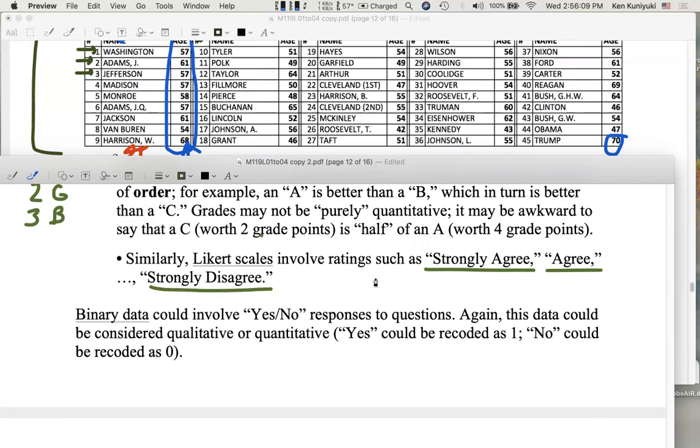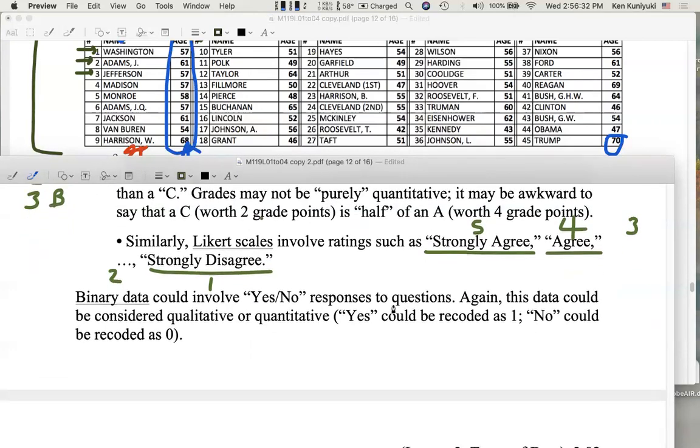So these might be 5-point scales, for example, where a strongly agree might be a 5, an agree would be a 4, neutral would be a 3, a weakly disagree would be a 2, a strongly disagree could be a 1. You can recode these numerically from 5 down to 1, kind of like recoding the grades.